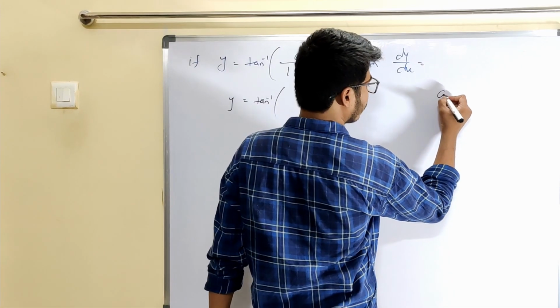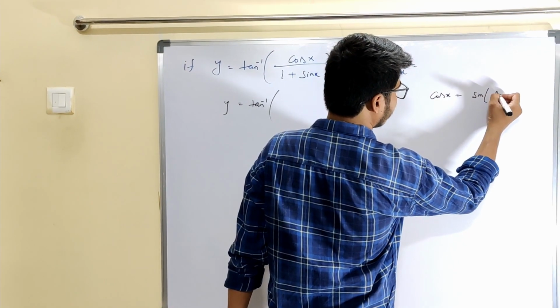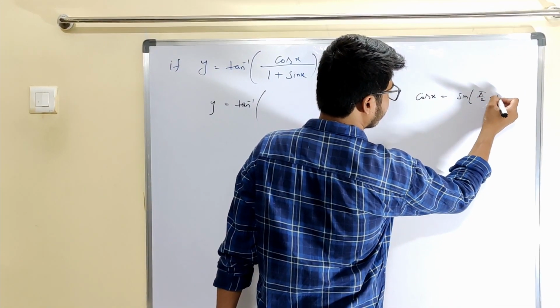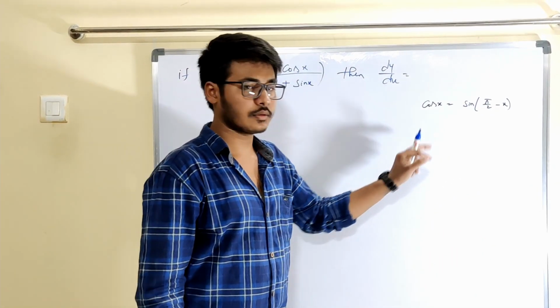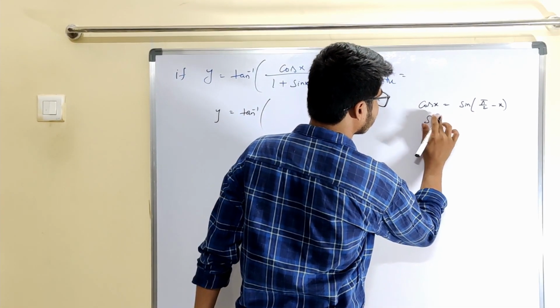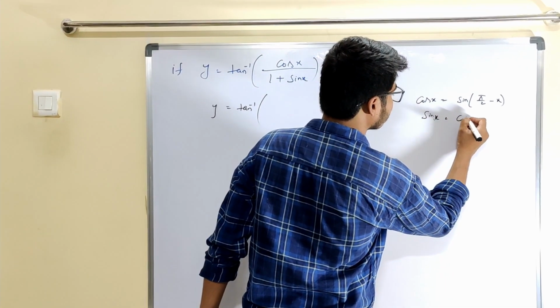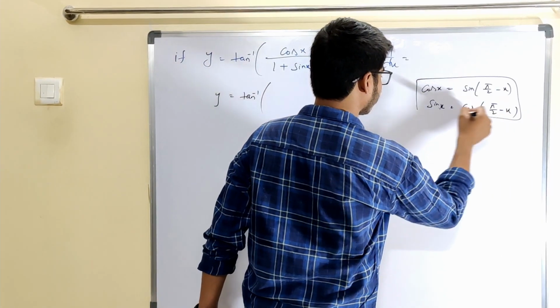We know cos x can be written as sin of (pi by 2 minus x), since sin of (pi by 2 minus x) is cos x. Similarly sin x can be written as cos of (pi by 2 minus x).